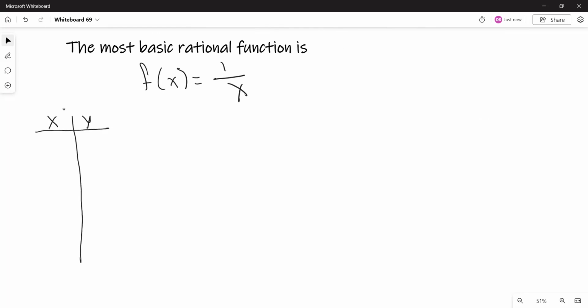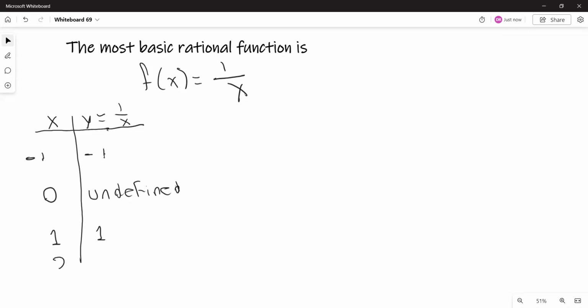The first observation is that at 0, the function is undefined. 1 over 0 is undefined. At 1, 1 over 1 is 1. And at negative 1, 1 over negative 1 is also negative 1.